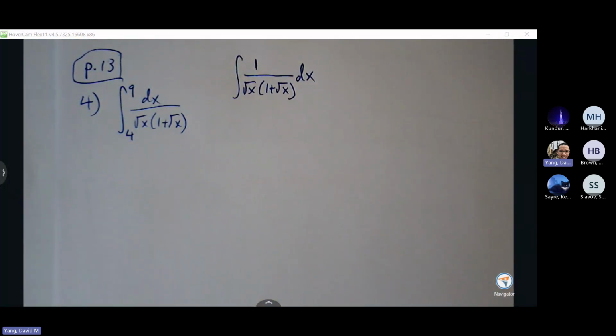All right, so I think we saw something like this yesterday, right? Too many terms in the denominator, we can't split up into individual fractions. Our u substitution, what could be our u value here? Yeah, 1 plus root x.